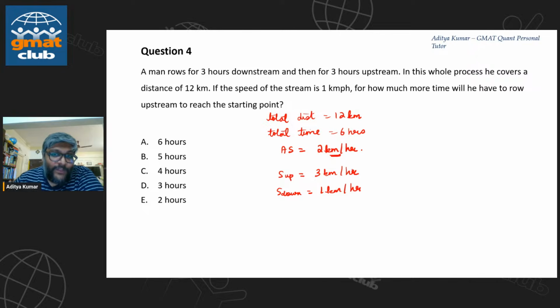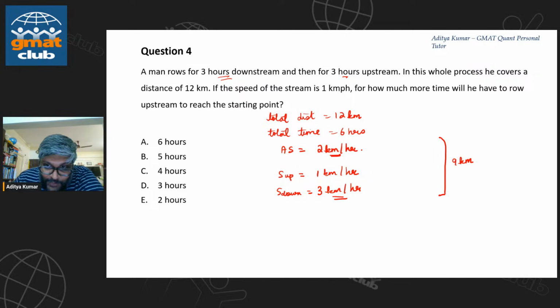And now I could visualize it. I'm going 3 hours downstream. So if I'm going, sorry, this is the reverse. Upstream would be 1 and downstream would be 3. So I'm traveling downstream 3 kilometers per hour for 3 hours. So I've traveled 9 kilometers.